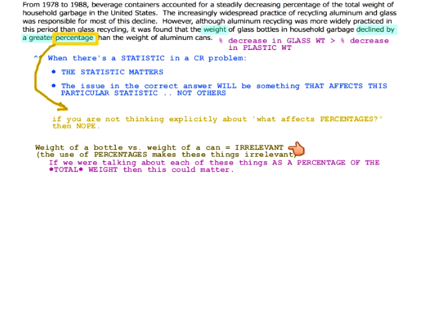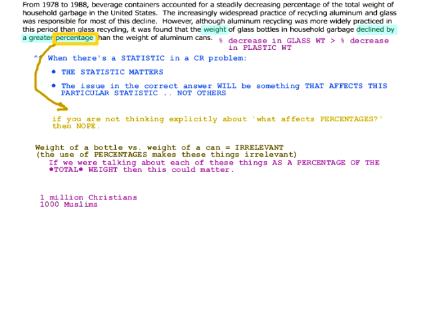I wouldn't call it a distraction because it's not really a distraction. It's kind of the whole point of the problem to get you to think about what percentages measure and what they don't. So let's say you have a town, and the town currently has 1 million Christians, and currently has 1,000 Muslims.